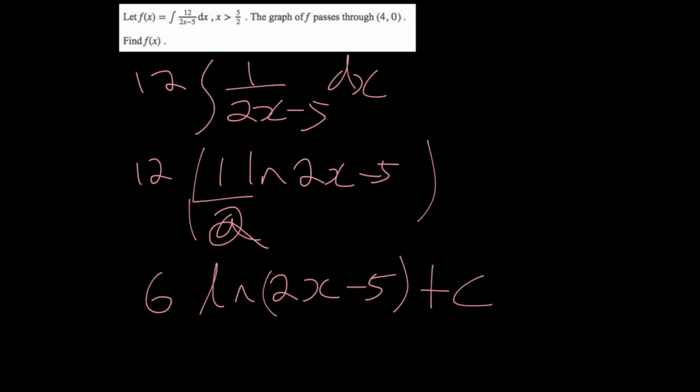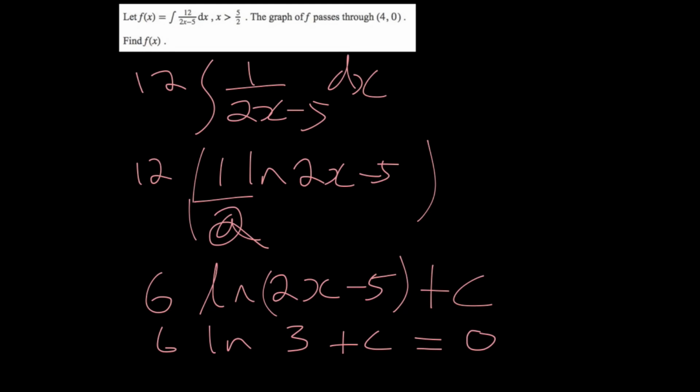So that's the general solution, but I've also been given some information about when the graph passes through the point (4, 0). So I know that 6 times ln, when x is 4, this is going to be 3, plus c is equal to 0.